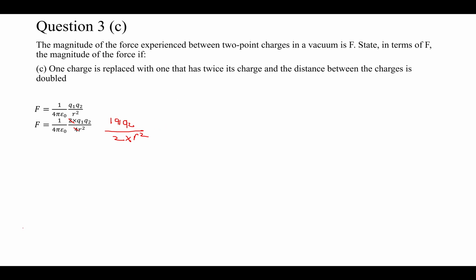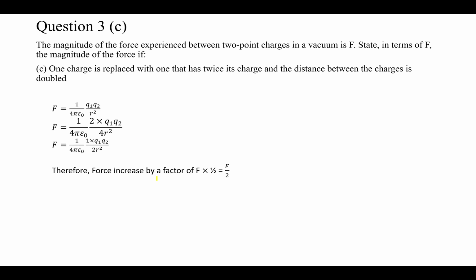And now if you have a look here, what we are left with is 1 over 2, correct? 1 over 2. Next slide. Therefore, force has changed by a factor of F multiplied by half. In other words, F over 2. So that's the answer for part C of question 3.